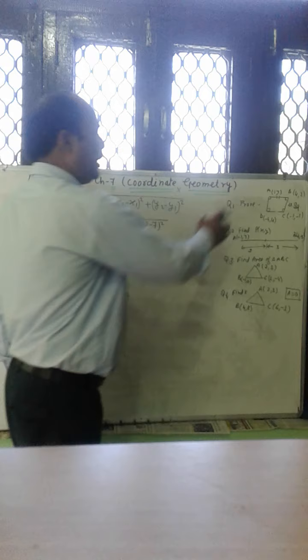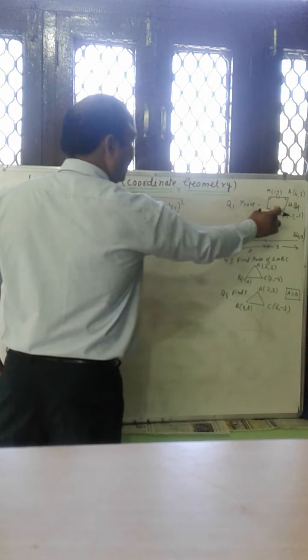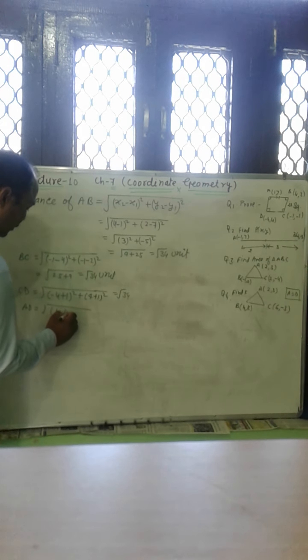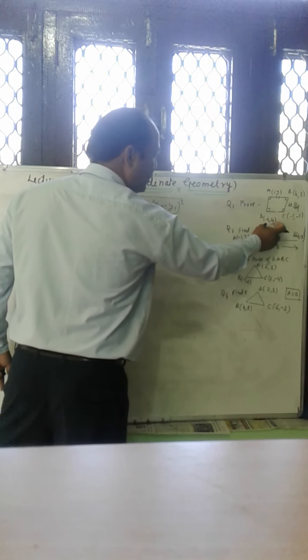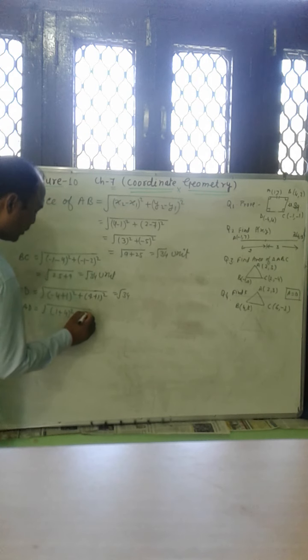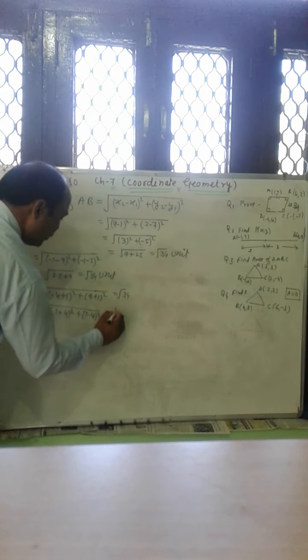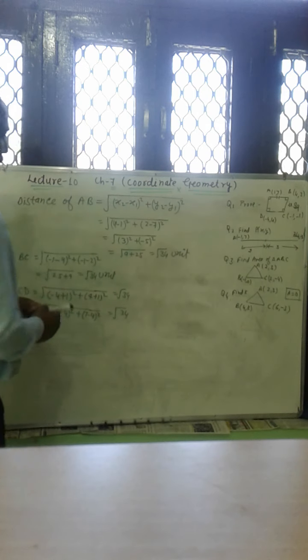Now AD equals root of (1 plus 4) squared plus (7 minus 4) squared, where 7 minus 4 is 3. This is also root 34 units.